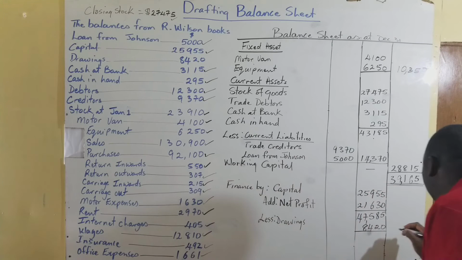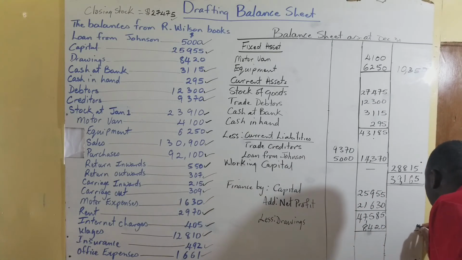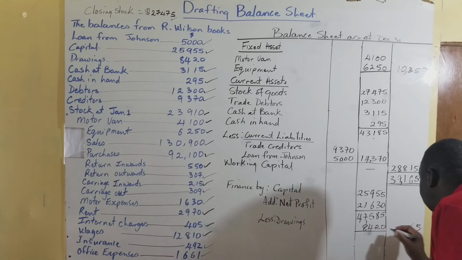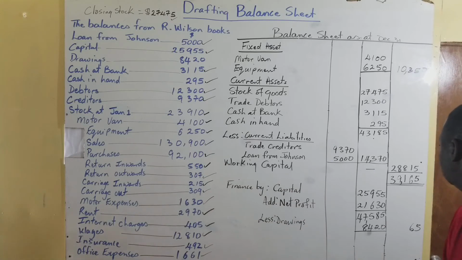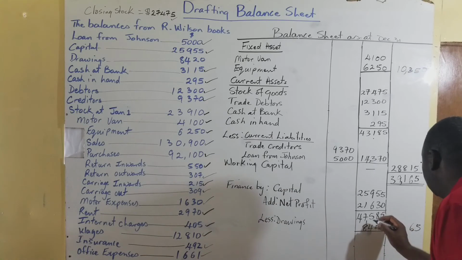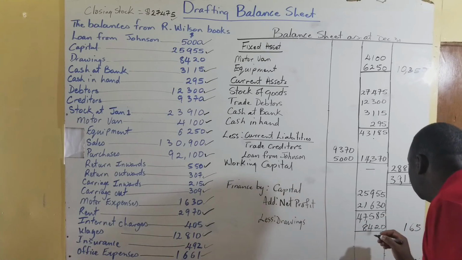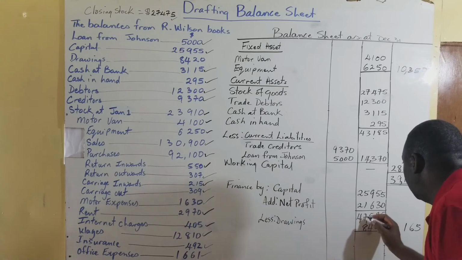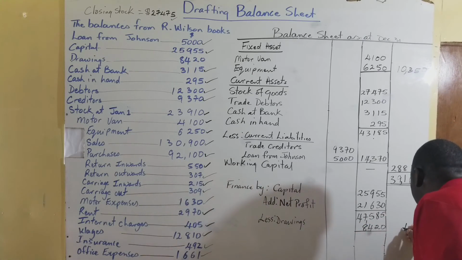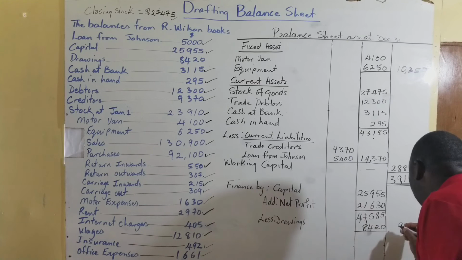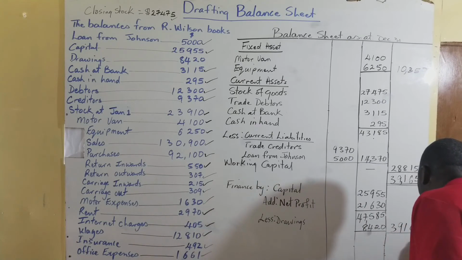When we take that, we're going to have 5. Take that, we're going to have 6. If we take this, it's going to be 1. If we carry that 17, that's going to be 9. And then we're going to have 3 left. So that's it.